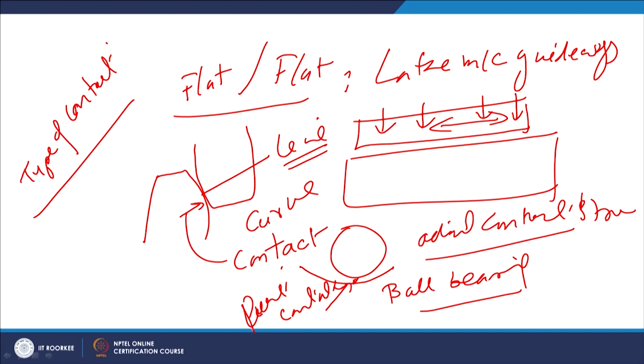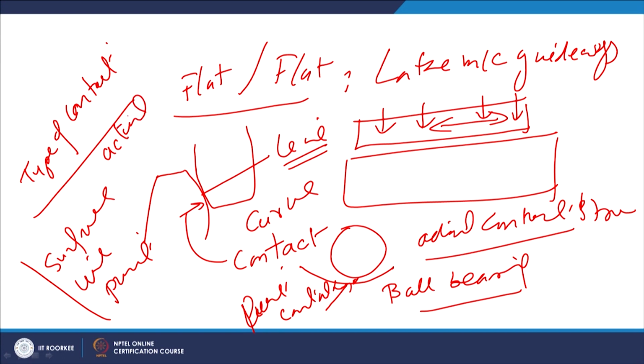So, there will be a surface, there will be line, or say there will be point contact. So, the area of contact will be different in all these three cases. So, accordingly the actual or the true stresses at the contact location will be varying.